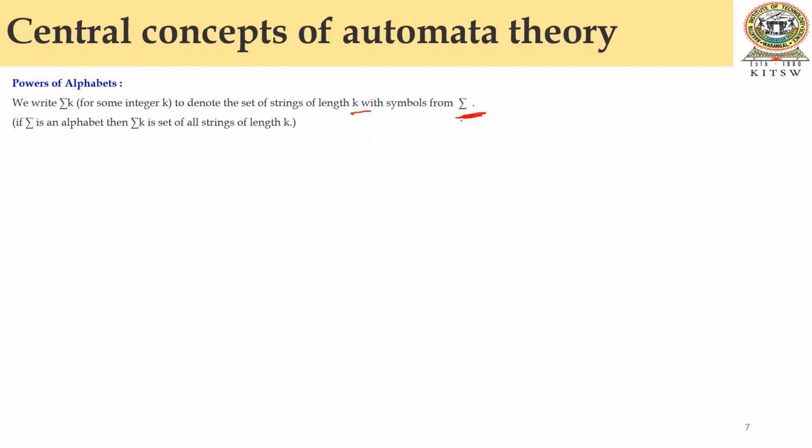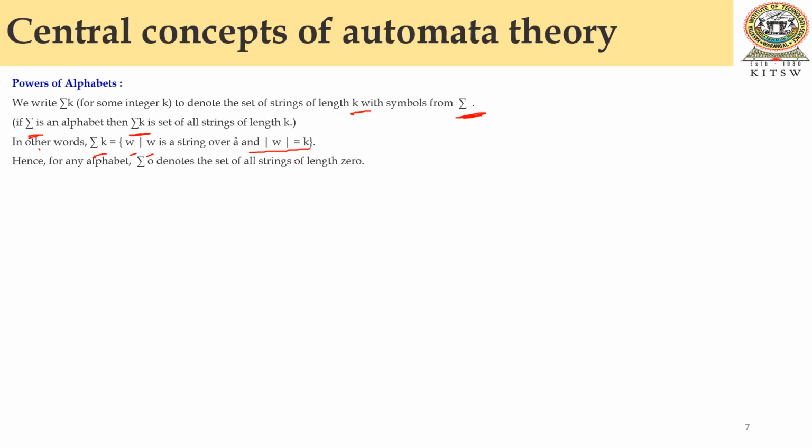That is, if sigma is an alphabet, then sigma k is the set of all strings of length k. In other words, sigma k equals w such that w is a string over sigma and the length of w is equal to k.